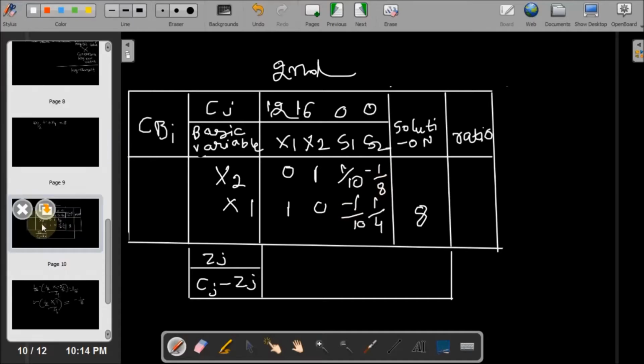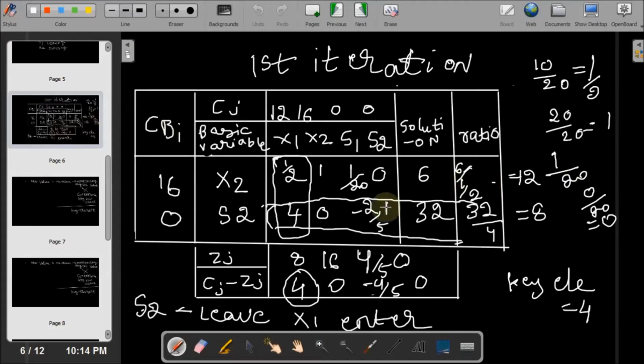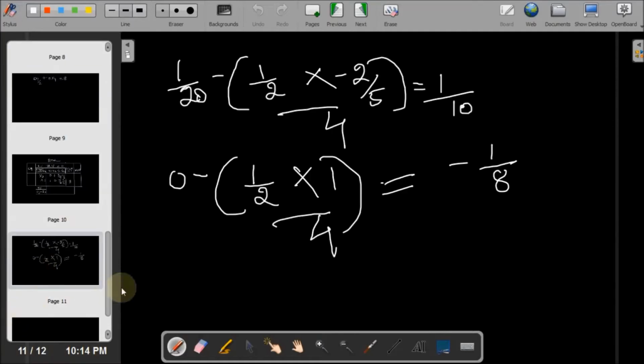So go to the first iteration. See, what is the solution? 6, right? Old value of the solution is what? 6. So see, 6. So that's why 6 minus, so you know that 1 by 2, it remains the same.